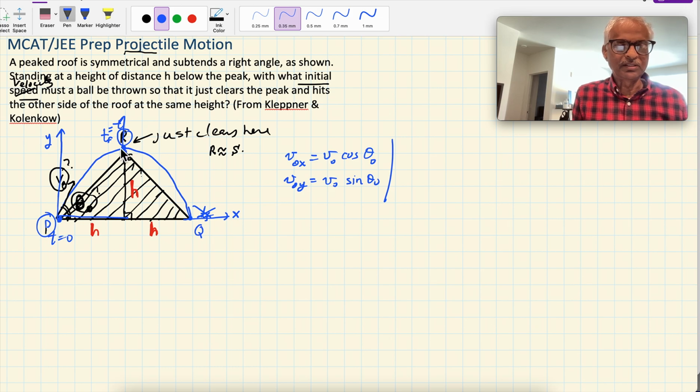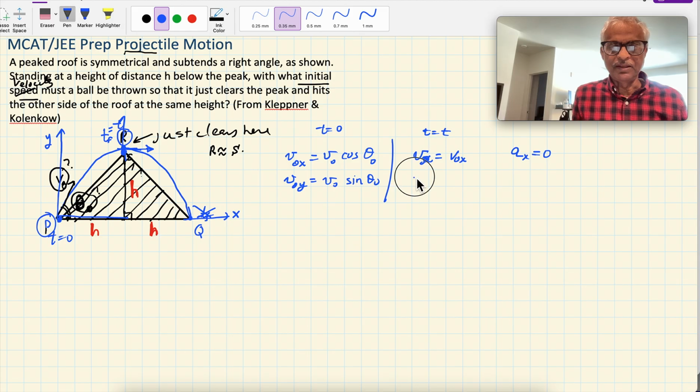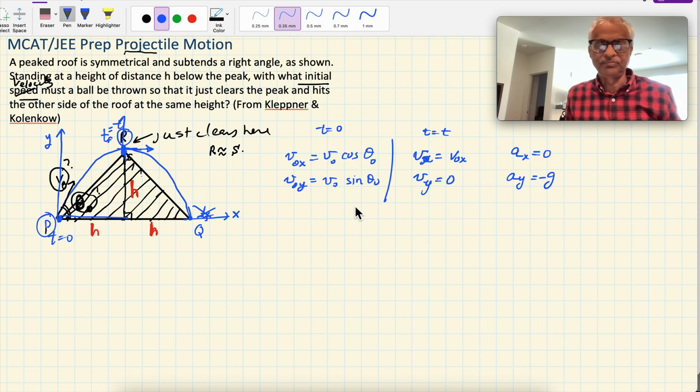At this point, the velocity is pointed all along the x-axis. So this is the t equals 0 situation. And at t equals T, Vx is V0x, because the acceleration along x is 0, and Vy is 0, because the acceleration along y is minus g. So this slowly comes down.